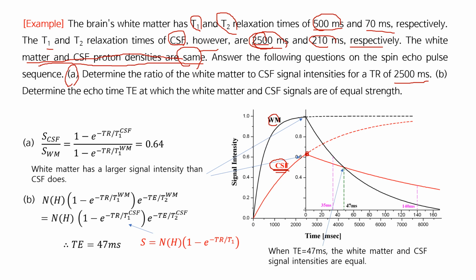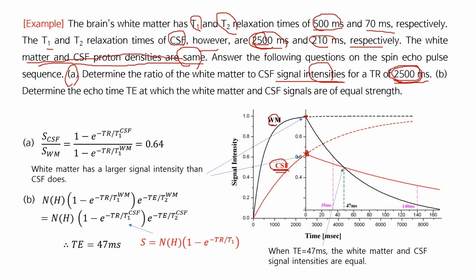So the question was for TR 2500 millisecond, the signal intensity ratio, right? So you can see here the signal intensity for white matter is much larger than that of CSF.